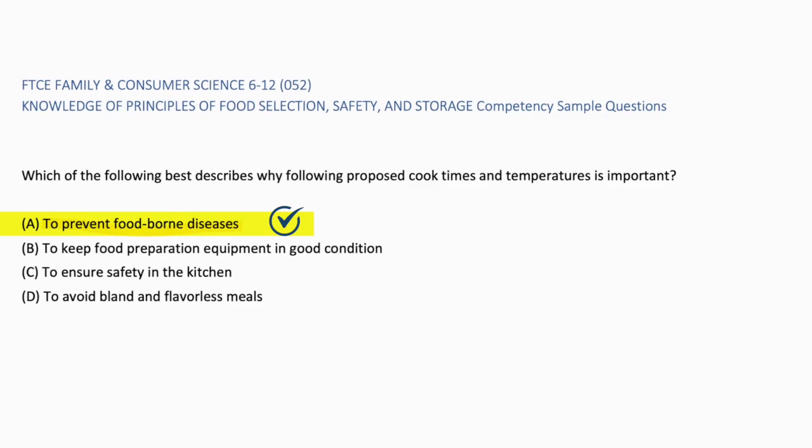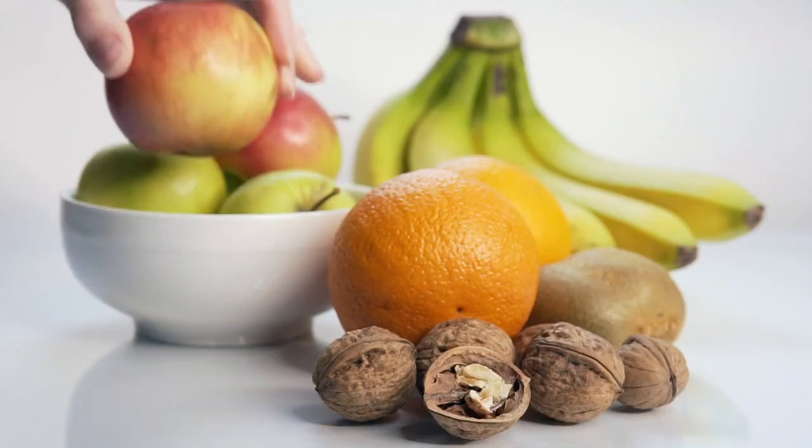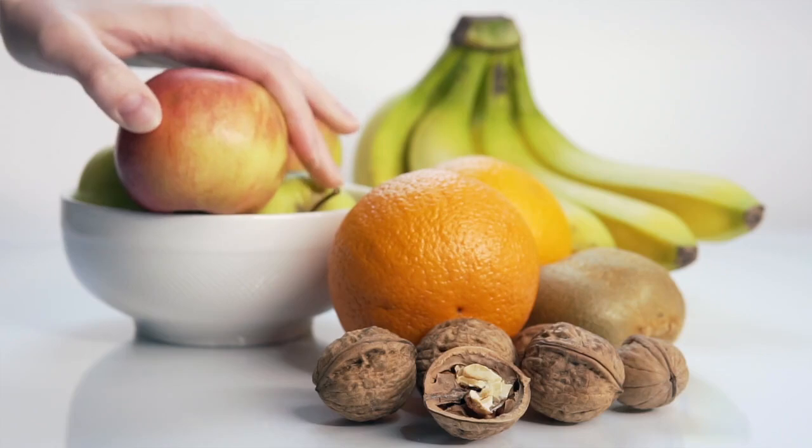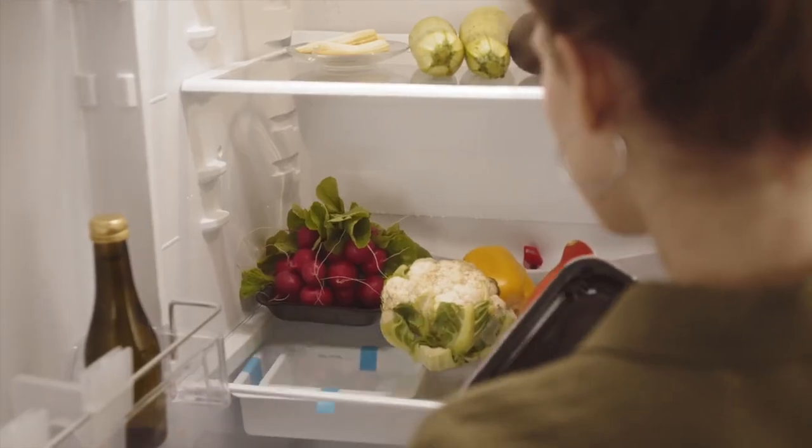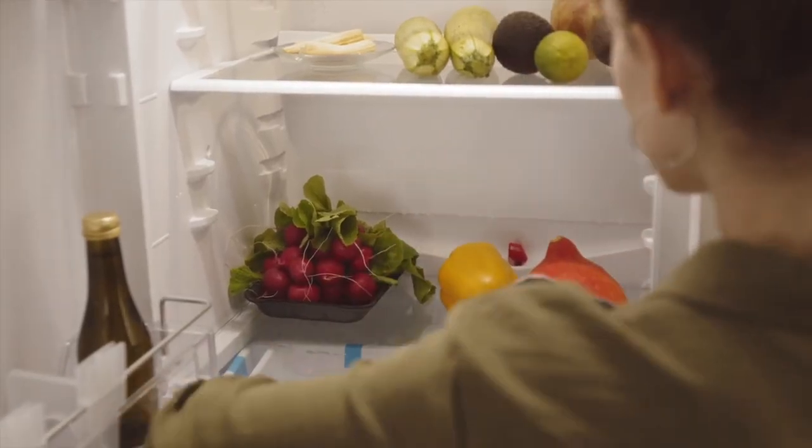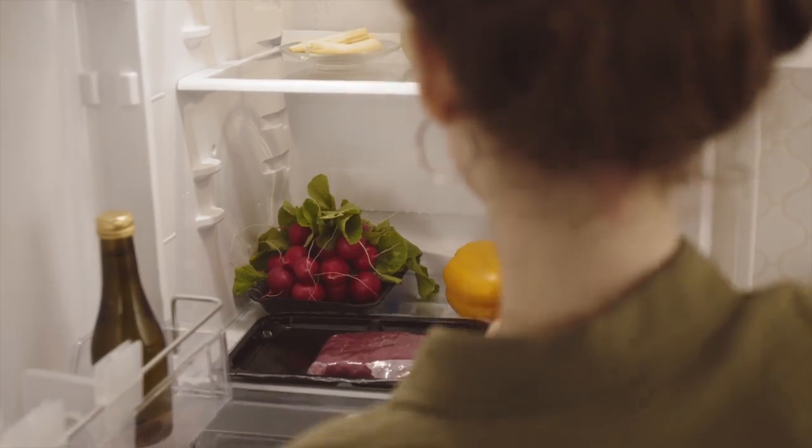Now that you've worked through a few sample questions, let's break down what this part of the test is really measuring. The FTCE Family and Consumer Science 6 through 12 052 exam, knowledge of principles of food selection, safety, and storage, evaluates your understanding of how to choose nutritious foods, follow safe handling and storage practices, and prevent foodborne illnesses.